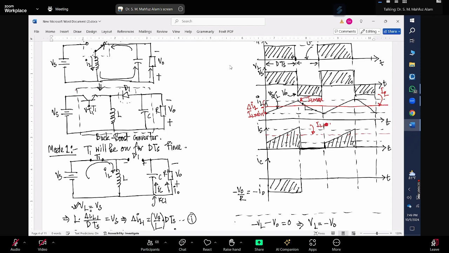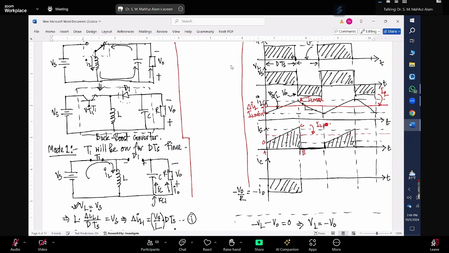Now, if I want to get the relationship between the inductor current and the input current, I want to get the area of this triangle 0, A, B, C. So what should be the area under 0, A, B, C?